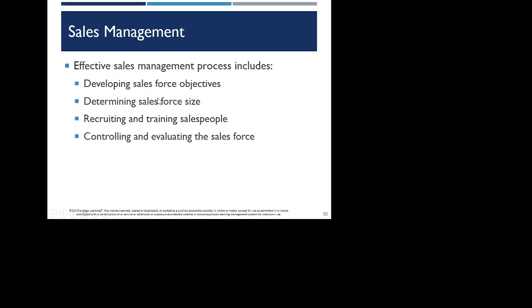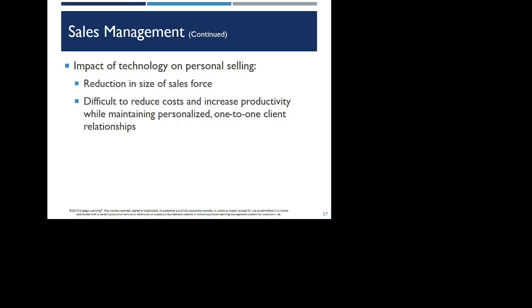Management of a sales team is important. You've got to incentivize the selling process. You've got to create lots of objectives. You've got to recruit and train, and constantly train, because things change all the time. You've got to evaluate the sales force and hopefully motivate them to continually improve.